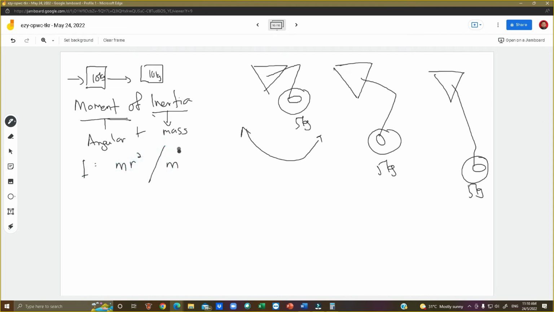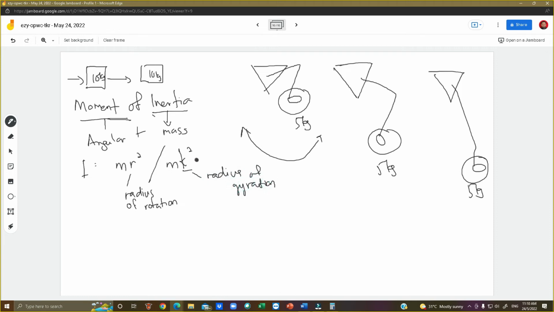Sometime kamu akan nampak mk square. Beza dia satu je. Ni radius. Radius of rotation. Radius of gyration.